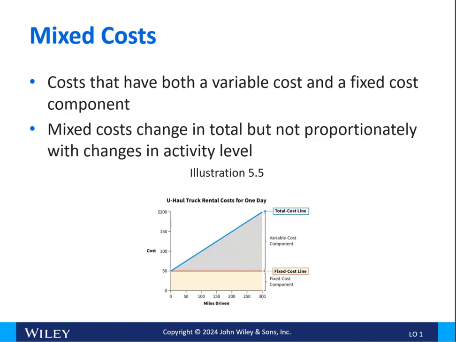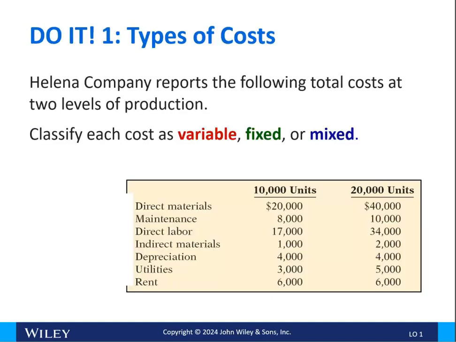But then you've got a variable cost, which is probably a cost per mile driven. So as you increase your miles driven, your total costs are going to increase because your variable cost component is going to go up. So that's an example of a mixed cost where you have a fixed cost that's part of it, and then you also have a variable piece.